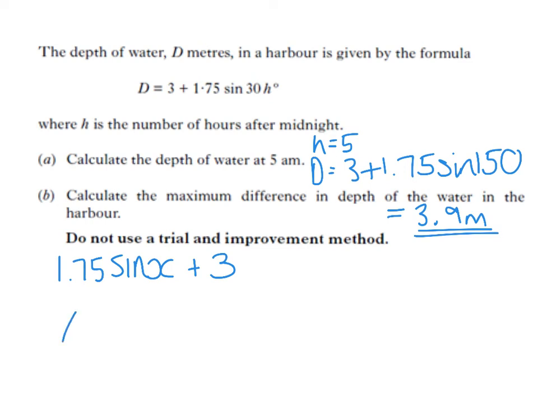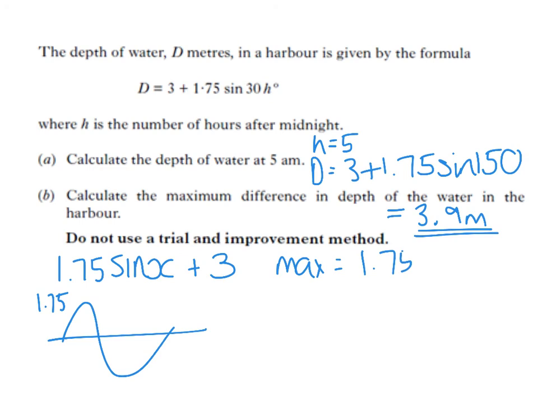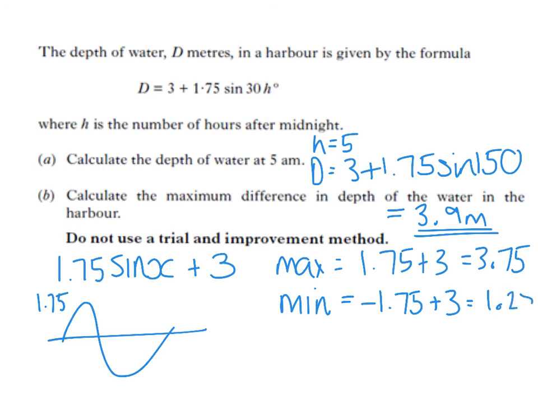So your graph's highest number was 1.75, but we've moved up 3. So the maximum is 1.75 plus 3, which is 3.75. The minimum is negative 1.75 plus 3, which is 1.25.